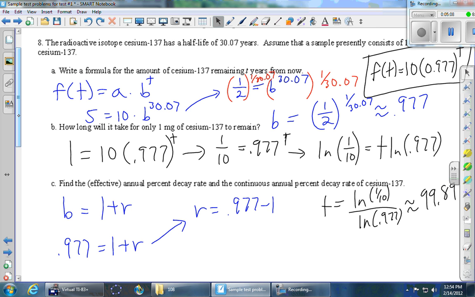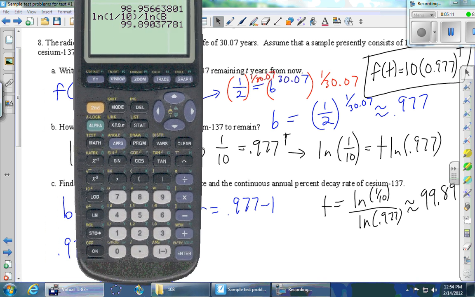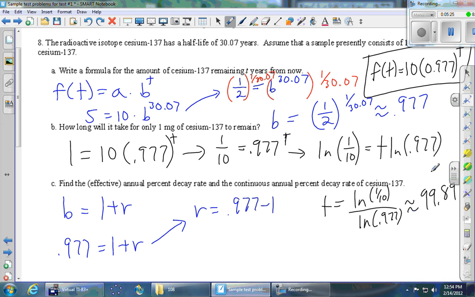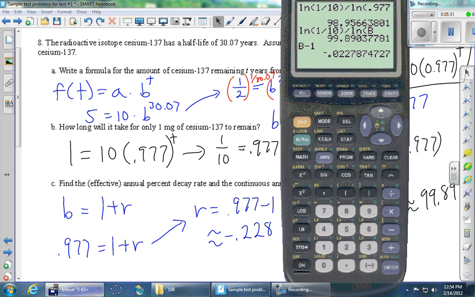Again, I like to use the most accurate answer I can get from the calculator. So I'm going to type in b minus 1, alpha b subtract 1. So that right there is the annual percent decay rate, negative 0.0228.